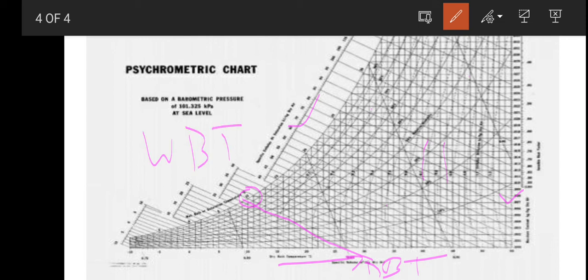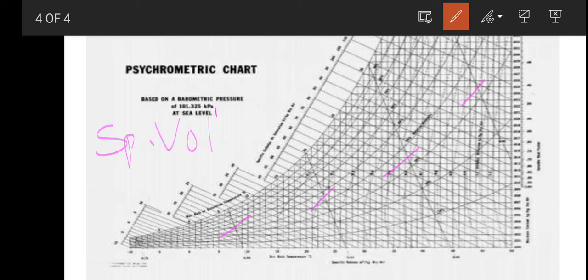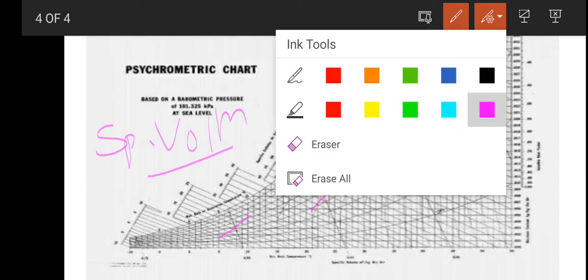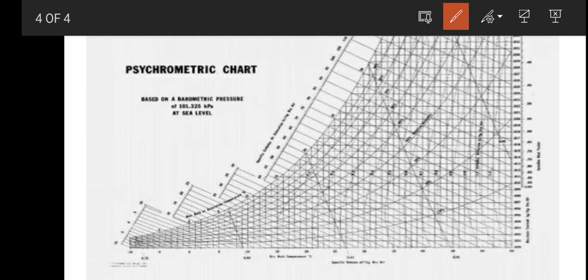Now these inclined lines indicate the specific volume lines. Then these curves, if you see these curves, one, two, three, four, five, six up to the saturation curve, indicate the relative humidity, that means phi in terms of percentage.